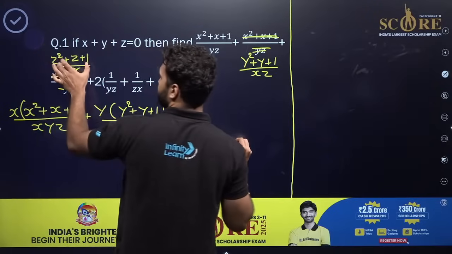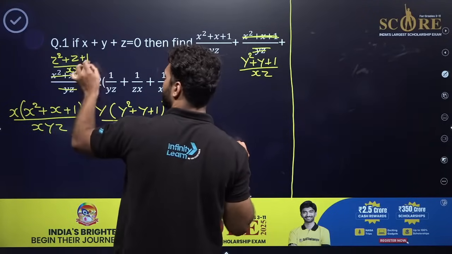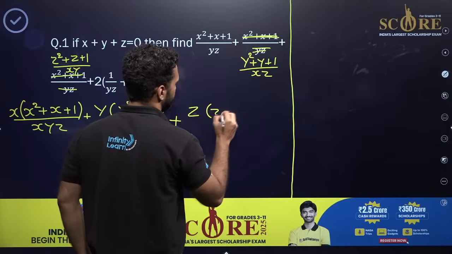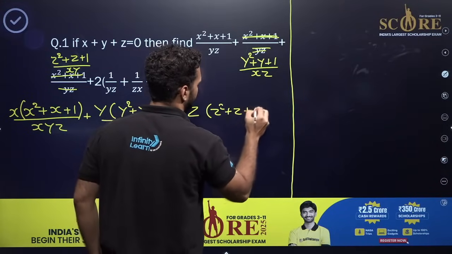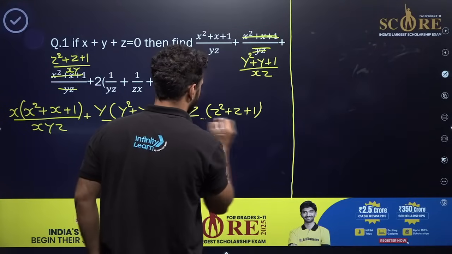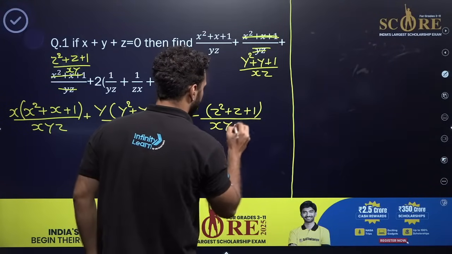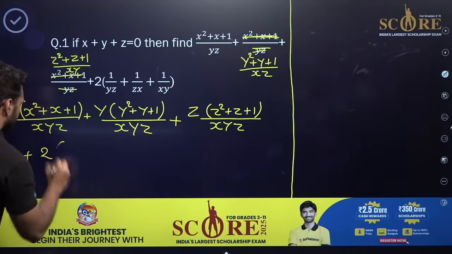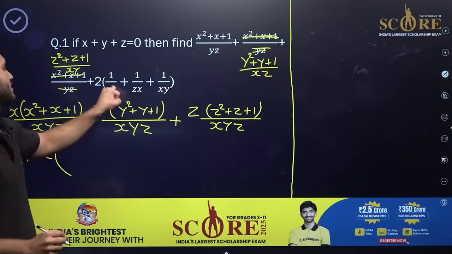Next part is z square plus z plus 1 upon xy. We don't have z here, so multiply by z upon z, upon x, y, z. Plus 2 into. Here we have y and z. We need x.